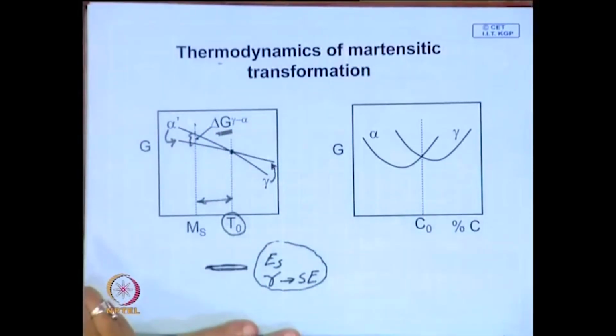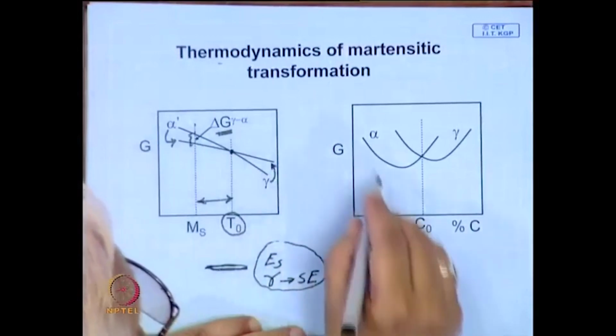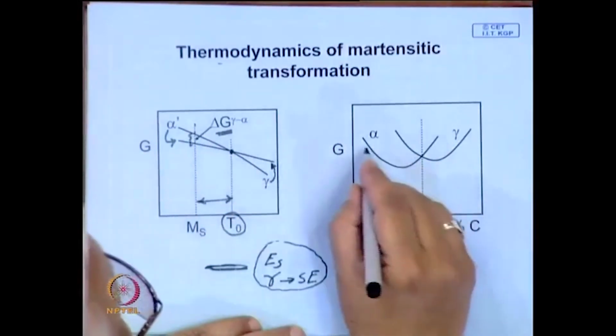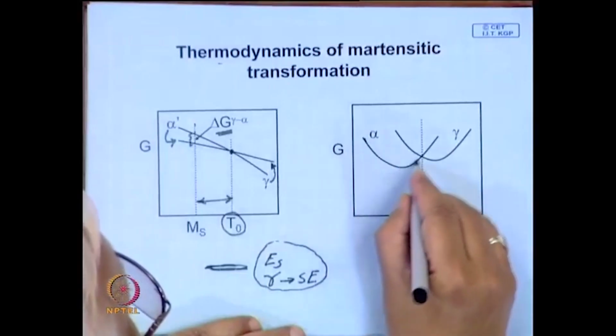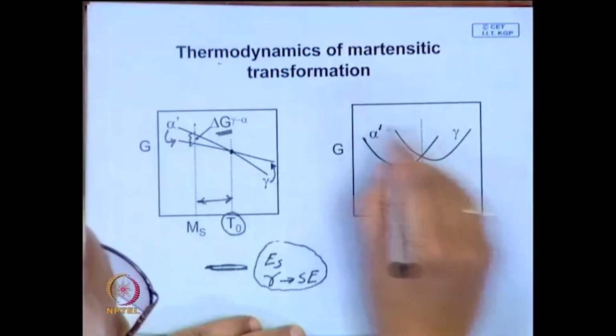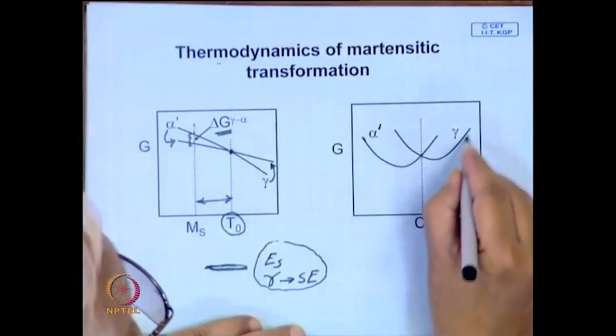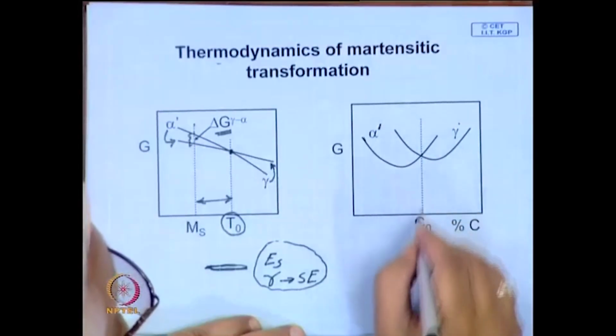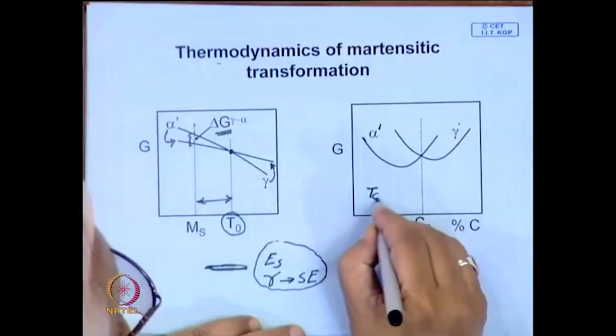When you have a certain amount of driving force, this is the free energy or the driving force for the martensitic reaction. If you look at the free energy composition diagram, here also it is shown: this is the free energy composition diagram of martensite, and this is the free energy composition diagram of austenite at a particular temperature. Let us say this temperature is T0.